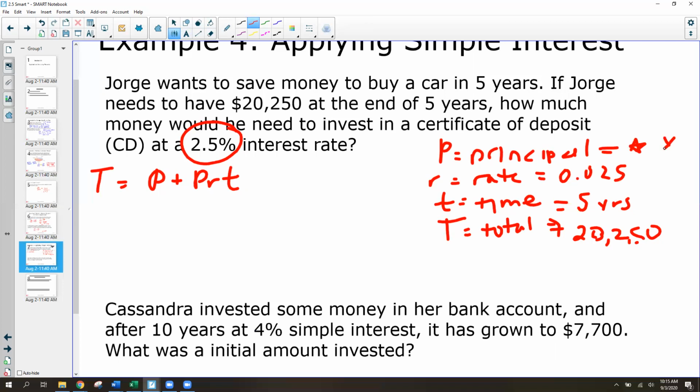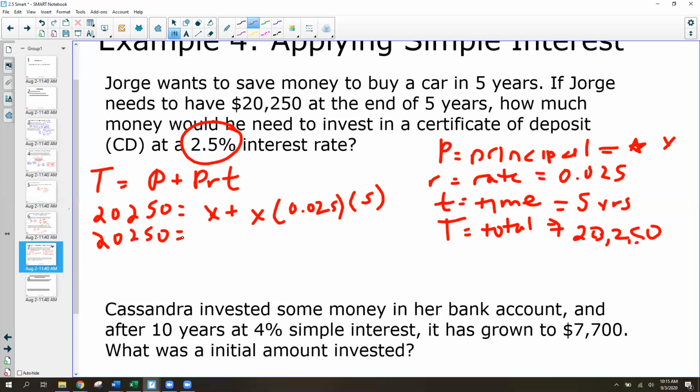So we're going to fill in what we have. 20250 equals X plus X times 0.025 times 5. Okay, you can do this. So 20250 equals, what's 0.025 times 5? It's 0.125.